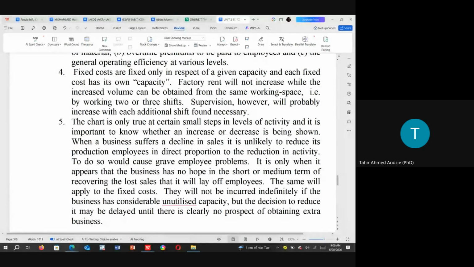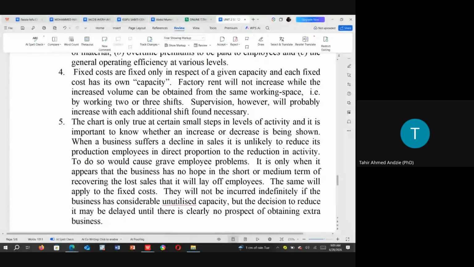But the decision to reduce it may be delayed until there is clearly no prospect of obtaining extra production, extra business. So all that we are saying is that sometimes the reduction in cost might not change in direct proportion with the output.